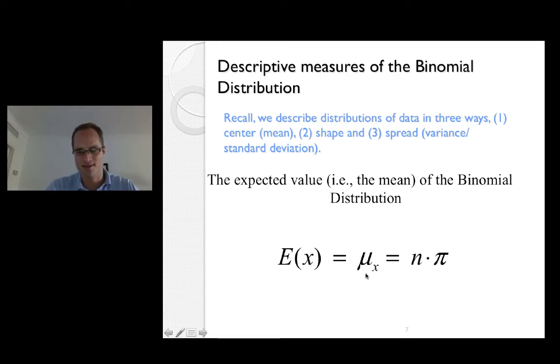Often we drop that subscript. It's a very simple formula: the number of trials times the probability of success. When I'm flipping my coin 10 times, I expect to get 10 times 0.5, which is 5 heads or 5 tails. It's not impossible for me to get another number, but my expectation, and indeed the average number, is going to be 5.